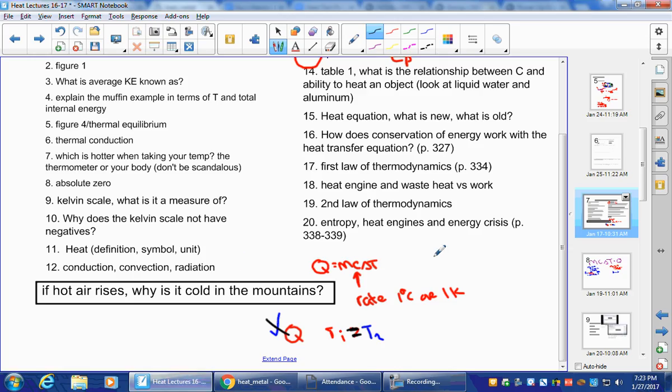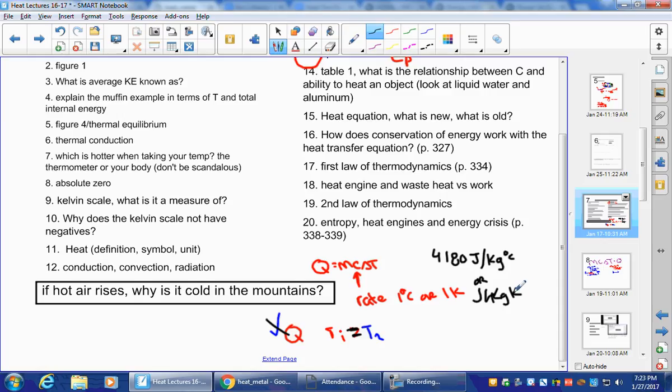Or if we're using kilograms, since grams is a thousandth of a kilogram, if we just multiply that value by 1,000, you get 4180 joules per kilogram degrees Celsius, or joule per kilogram Kelvin, right?